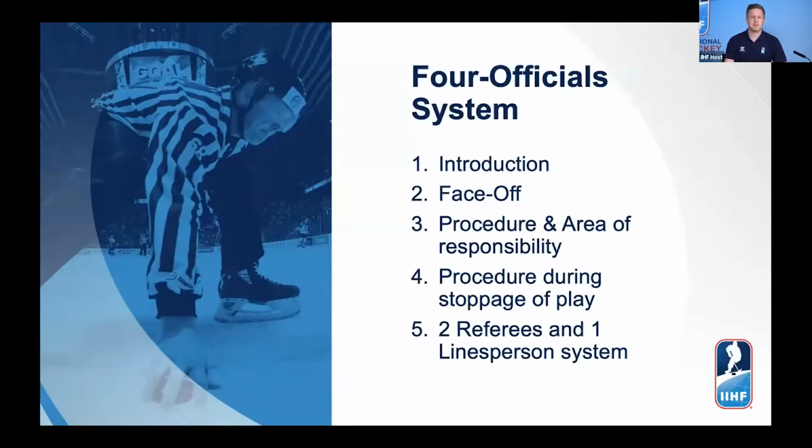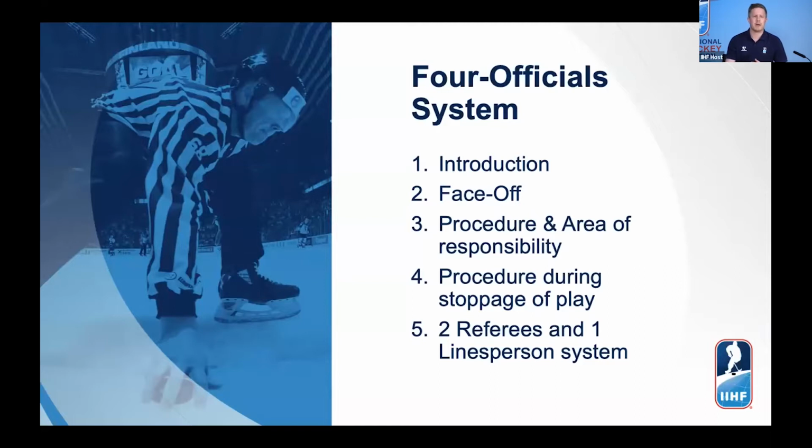The 5 chapters are, first, a brief introduction about the terms and the terminology that is used in the document and that is important to understand certain aspects of the 4 official system. We start then off with different aspects on the cooperation and work around face-offs. The 3rd chapter is about the procedures and areas of responsibility for referees and lines persons.